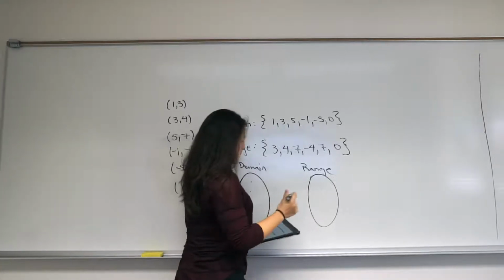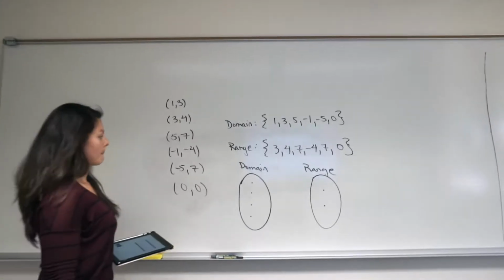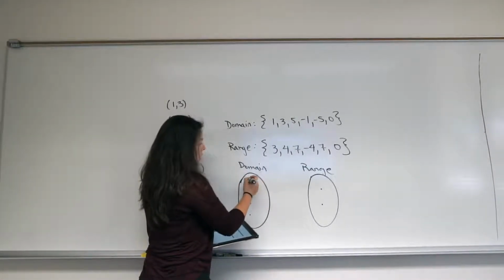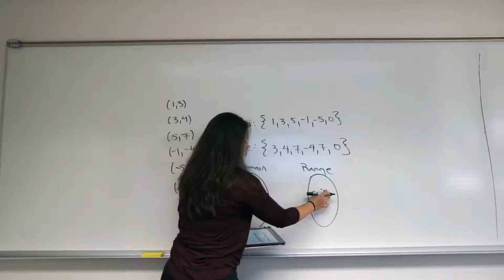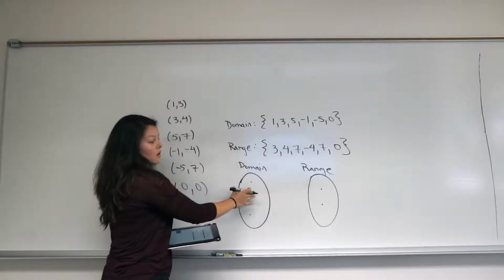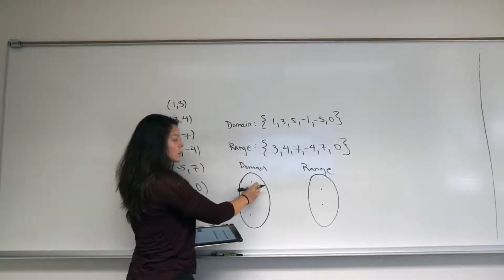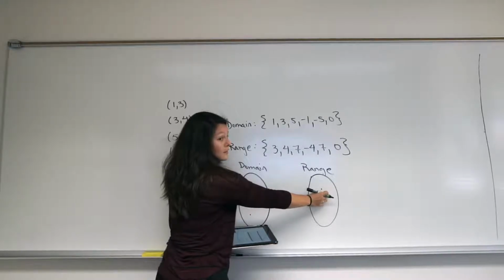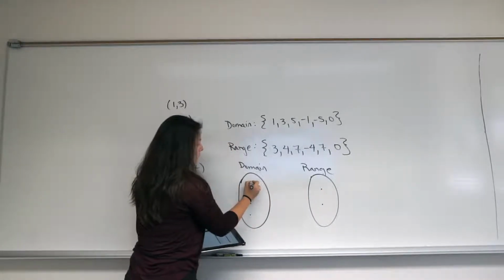Okay, and let's say we have 2 elements in the range there. And if I draw a relationship between the elements of the domain and the elements of the range, for this to be called a function, each element in the domain can only correspond to a single unique element in the range.